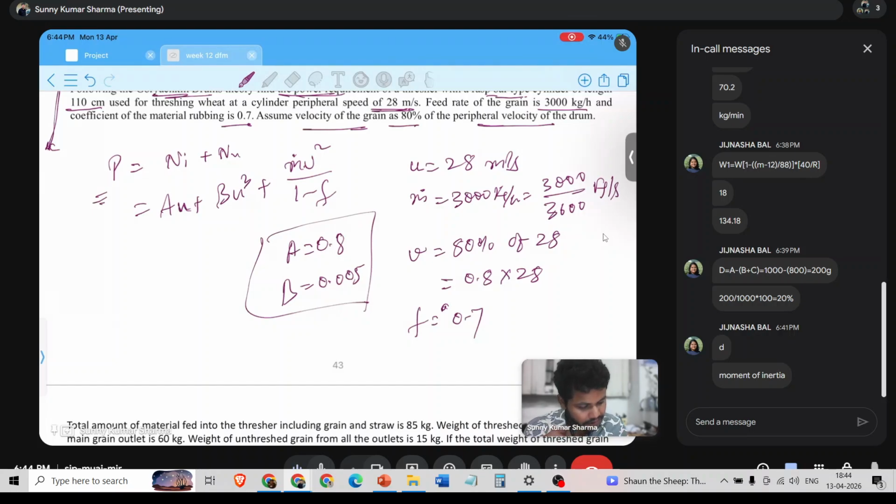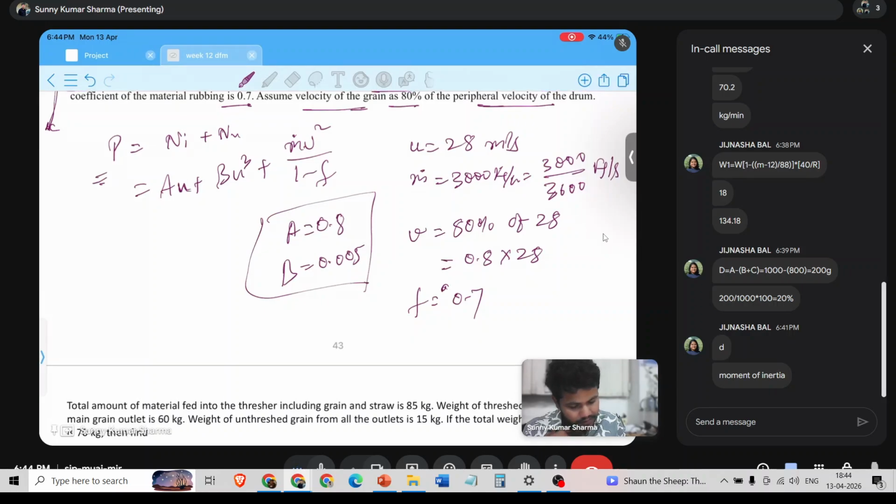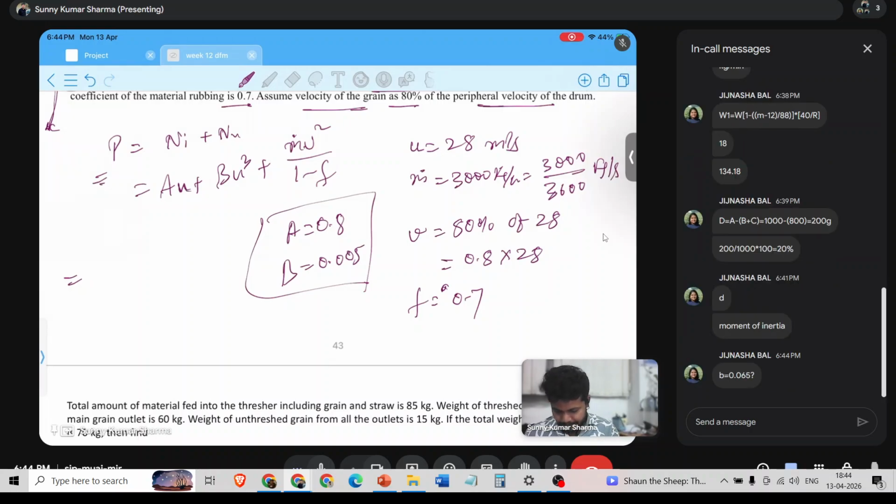So can you calculate, Jigyasa? Calculate it based on these values and tell the answer. Okay, we can take 0.65.